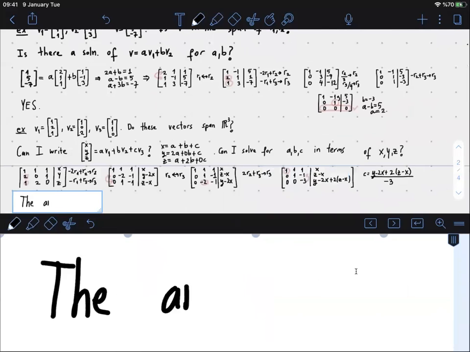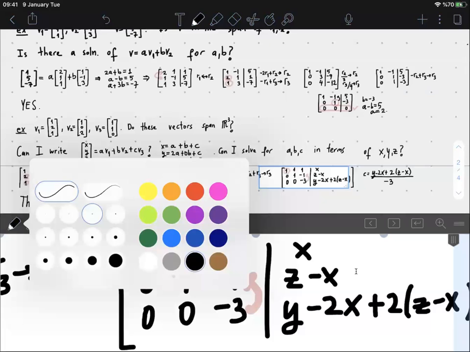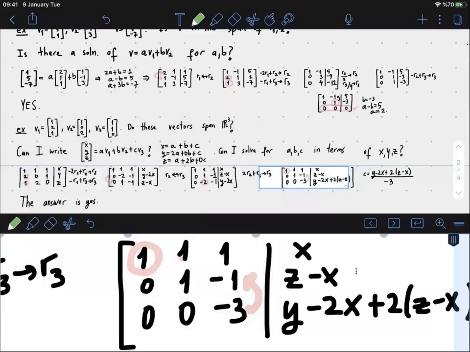And can you see what could go wrong? What could go wrong so that this system is not consistent? The thing that could go wrong was if I had something like 0 here. If this was a 0, then this means I have 0 here, a line of zeros.